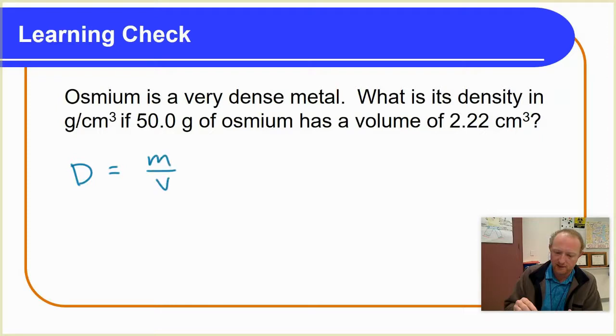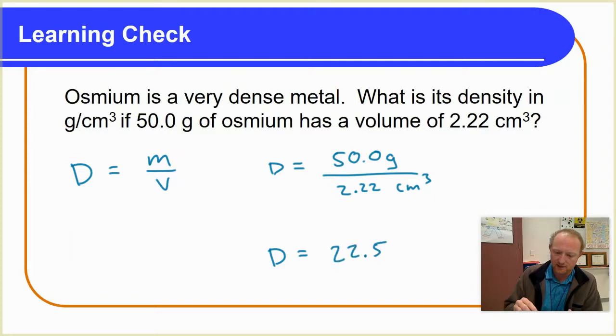They tell us in the question that our osmium is 50 grams, and the volume of our osmium is 2.22 centimeters cubed, which is a volume. So if we want to solve for the density of this metal, we simply divide the two numbers. So 50 divided by 2.22. We have a density of about 22.5.